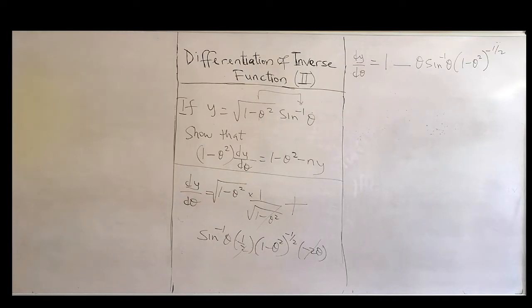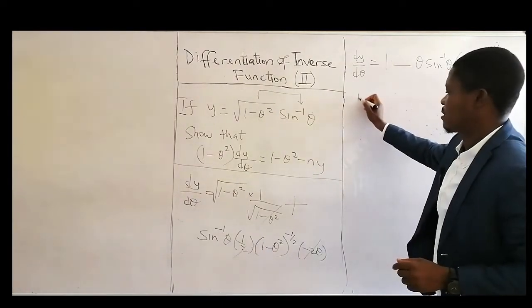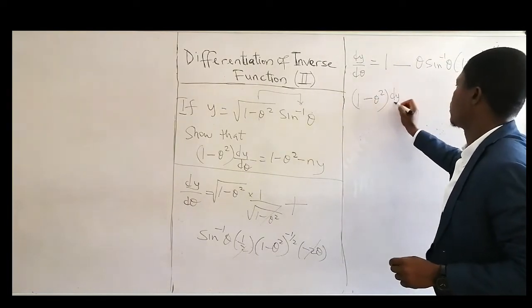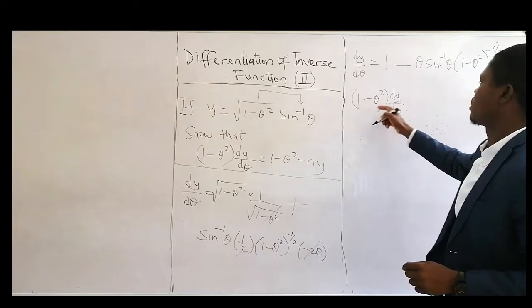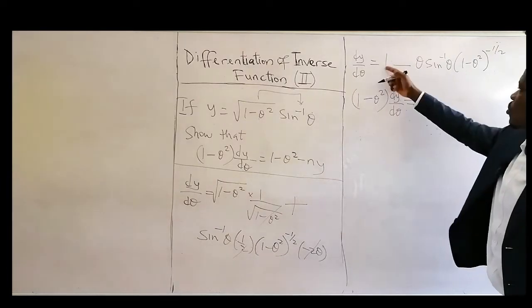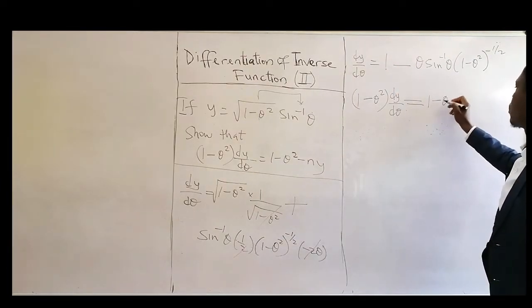So the next thing to do is to multiply that by 1 minus theta squared. Multiply the dy d theta by 1 minus theta squared, and let's see what we're going to get. So that will give me times 1, that's 1 minus theta squared.